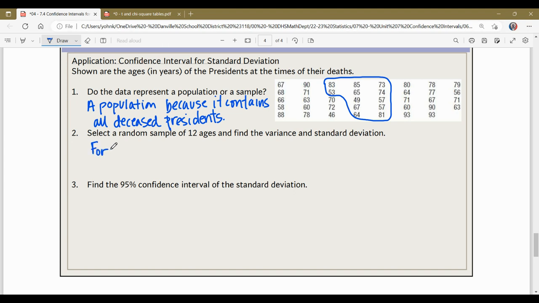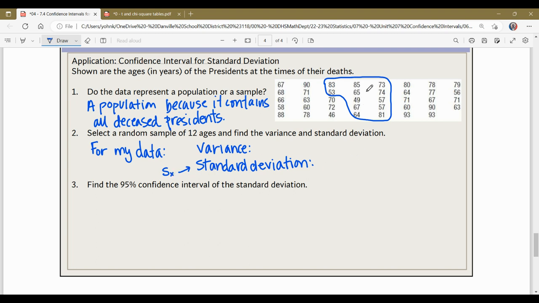So for my data, I got a variance and a standard deviation. Now, here's the trick, kids. The variance is not on the calculator. You need to find the standard deviation first, and then square it to find the variance. Remember, the standard deviation is Sx, not sigma.